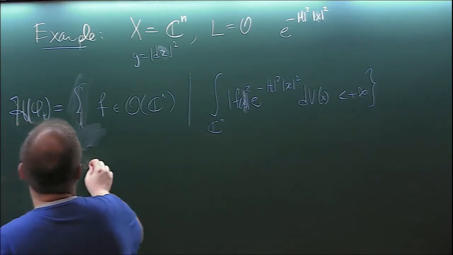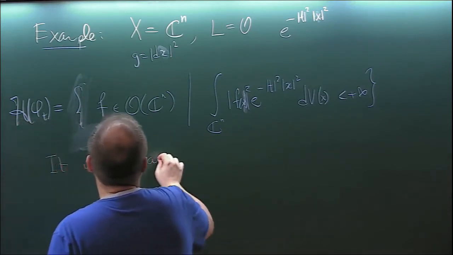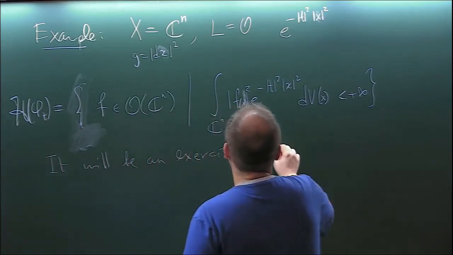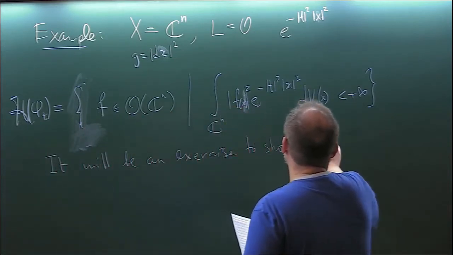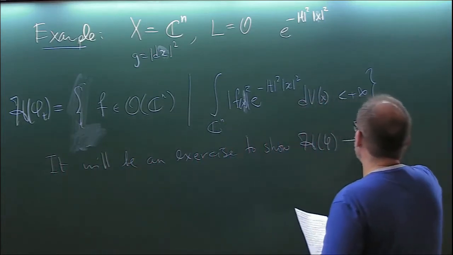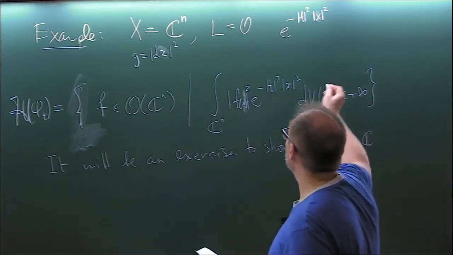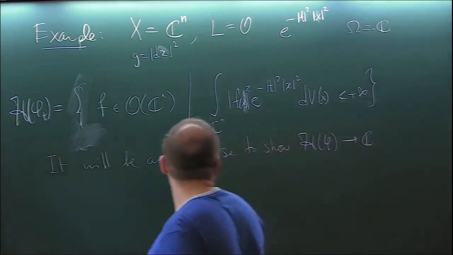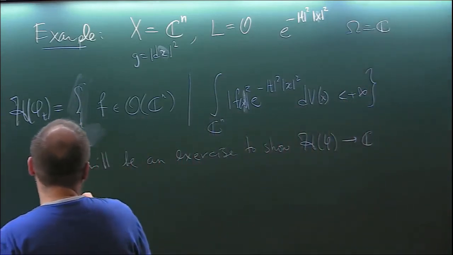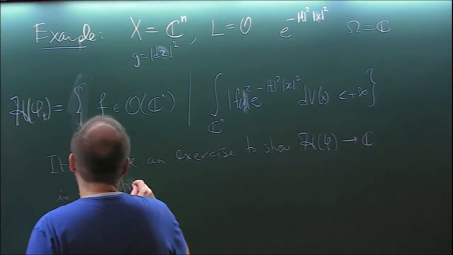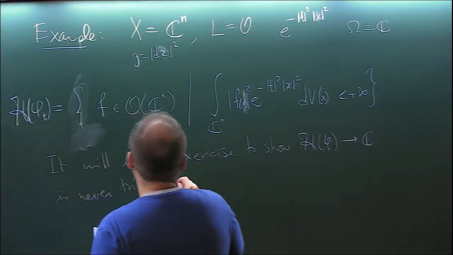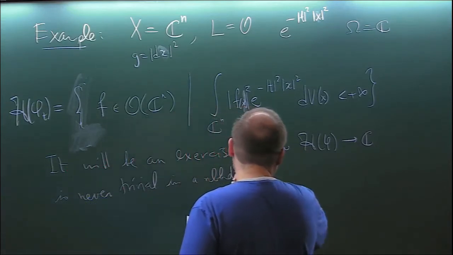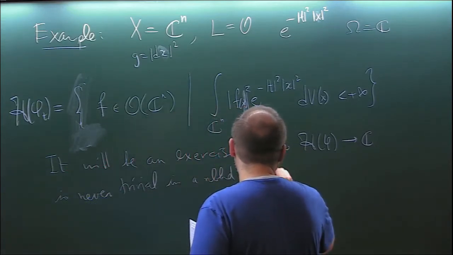It will be an exercise to show that this H phi over C, so here we can take omega equal to C for simplicity, but you can take it to be C^m if you want, it doesn't change anything, is never trivial in a neighborhood of 0 in C.